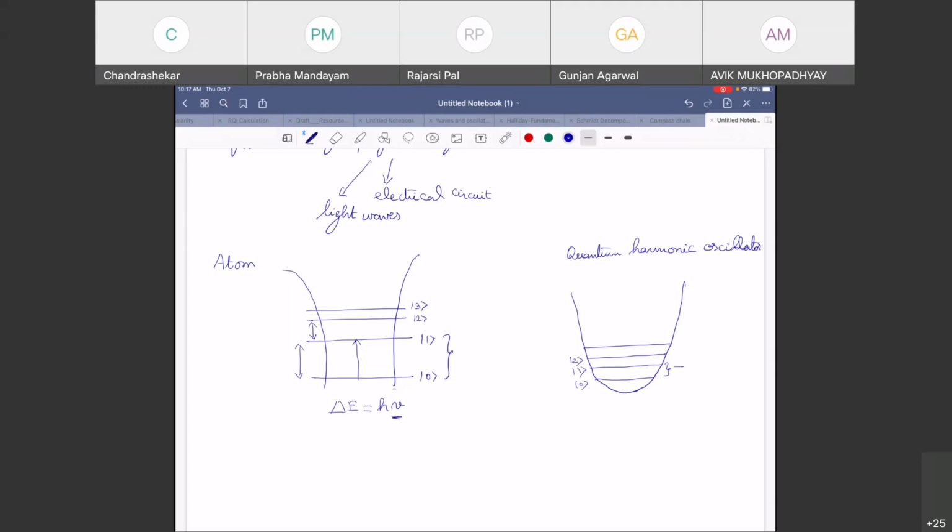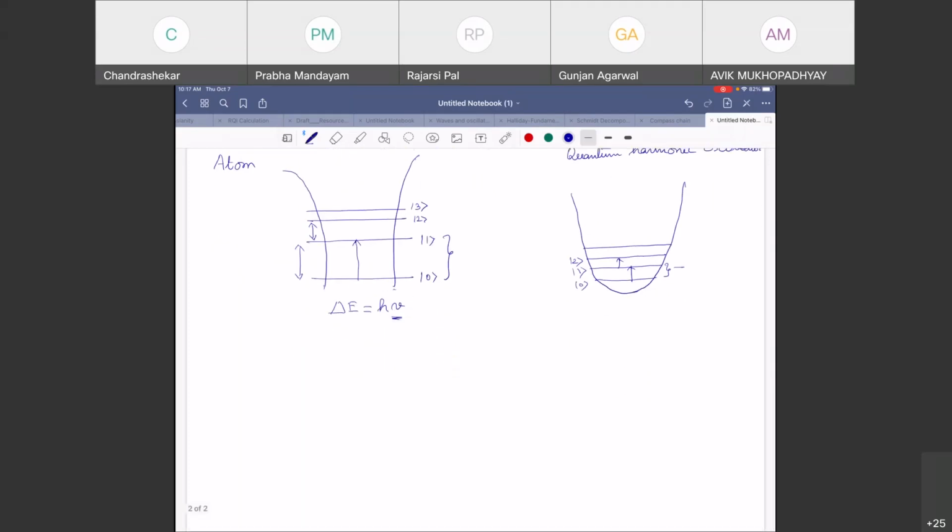But if you do the same thing here, you will not be sure if you are driving it from the 0 to 1 level or 1 to 2 level, or between any two arbitrary levels. So you cannot isolate any two levels. So atoms are the most natural form of qubit.